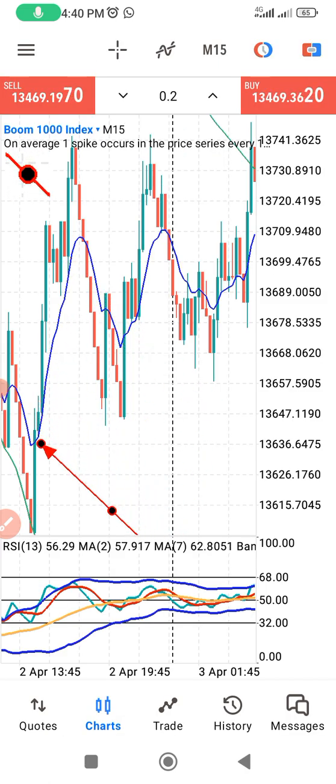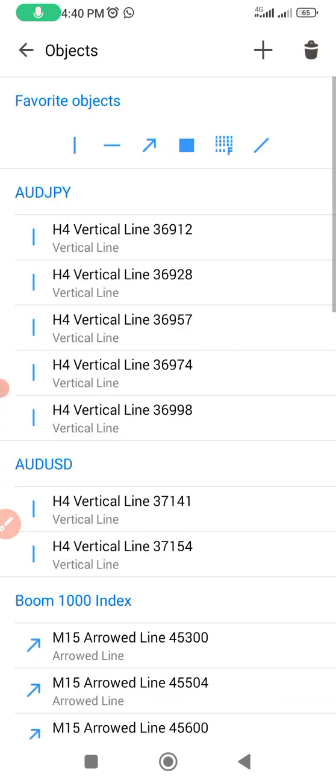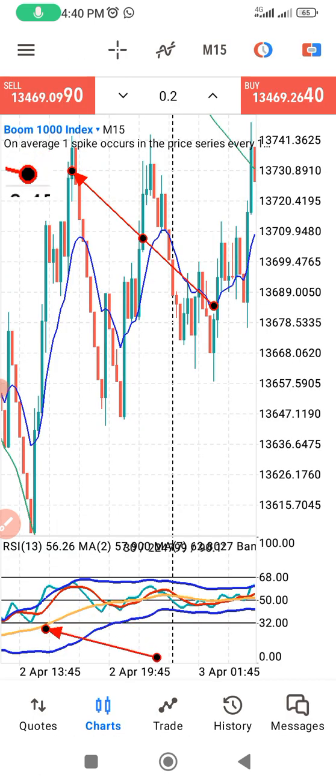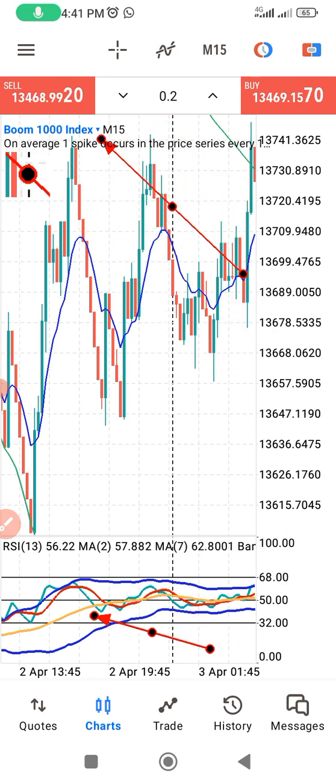Look at what happened. We have this spike to this zone here, and then let's look at our market sentiment, which is the yellow moving average. Look at it. Where is it? It is below the level of 50, and this spike is below the middle Bollinger Band, I beg your pardon, which shows that we are in a downtrend.